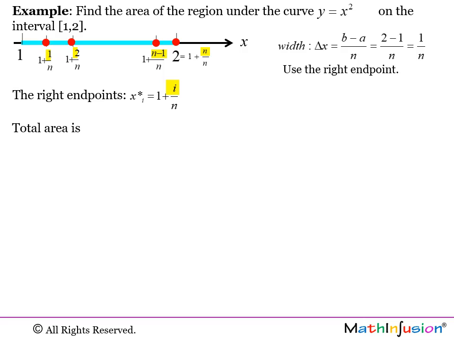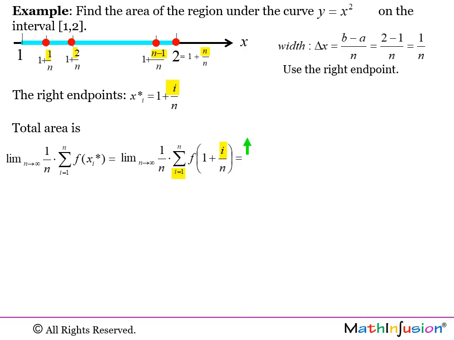Now let's write the total area. It is the limit as n approaches infinity of 1 over n, because delta x is 1 over n, times the sigma of the f of xi stars when i runs from 1 to n. We are going to replace f of xi star, where xi star is 1 plus i over n.